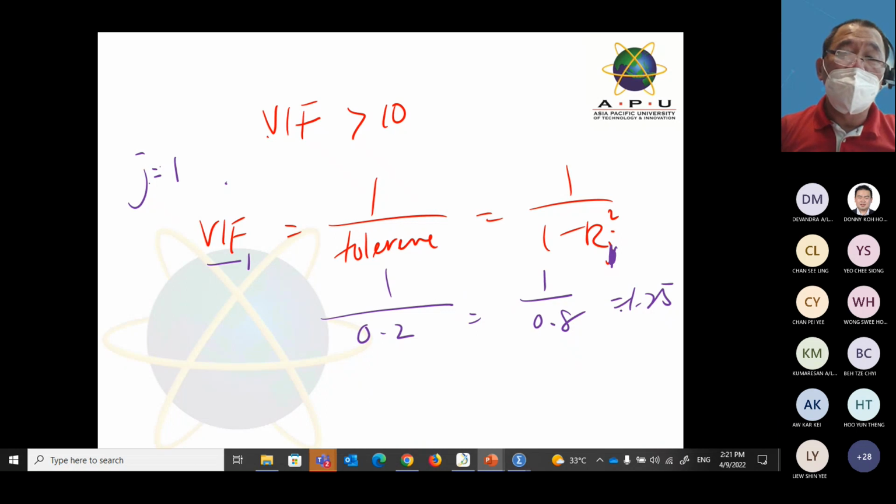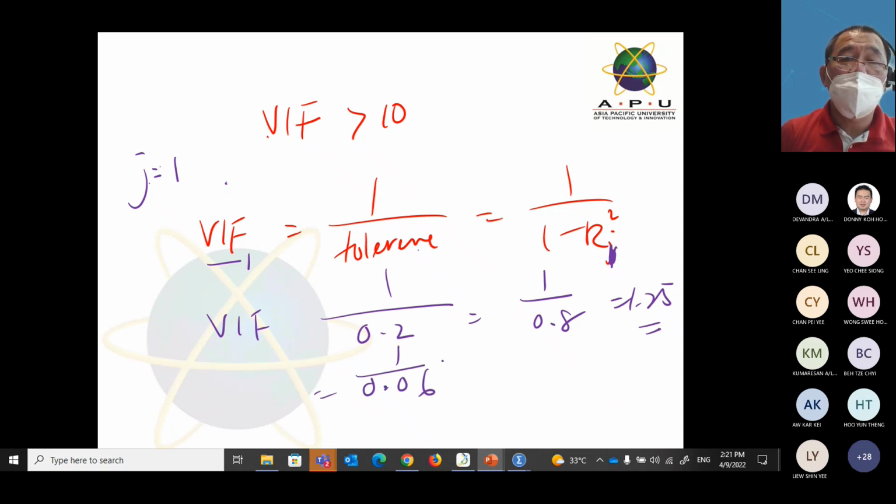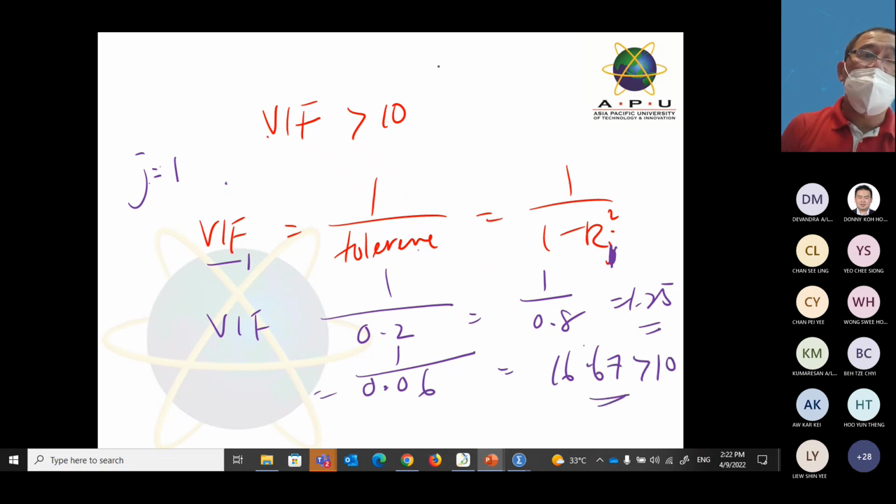Therefore, it's okay, no problem, because VIF is less than 10. But let's say tolerance is small, for example 0.06. Then 1 over 0.06, you get 16.67, already more than 10. Therefore, there is a problem of multicollinearity.